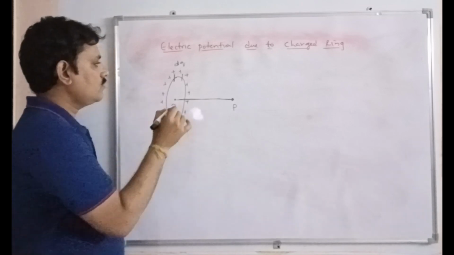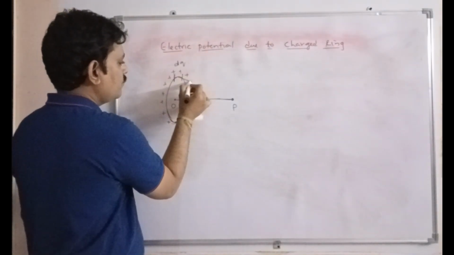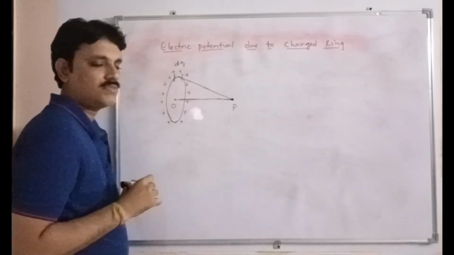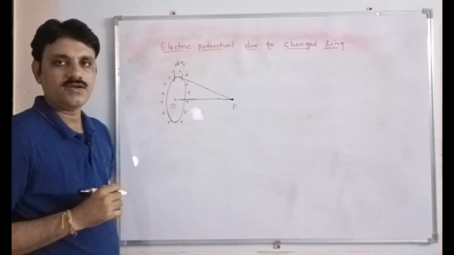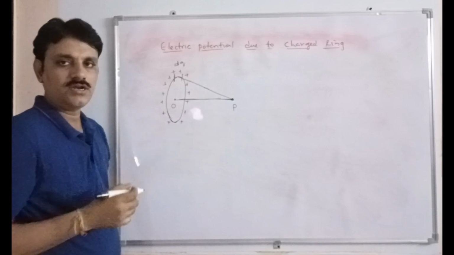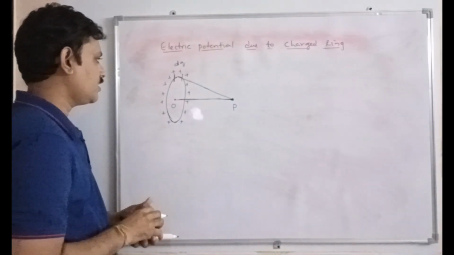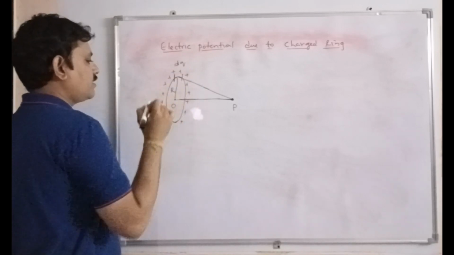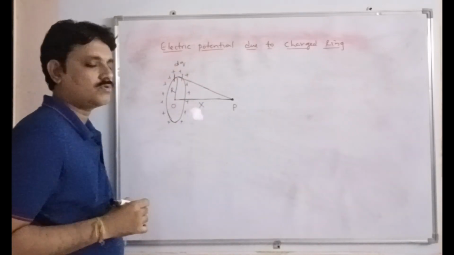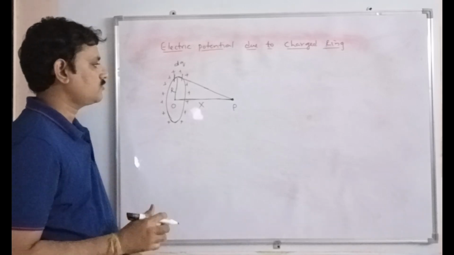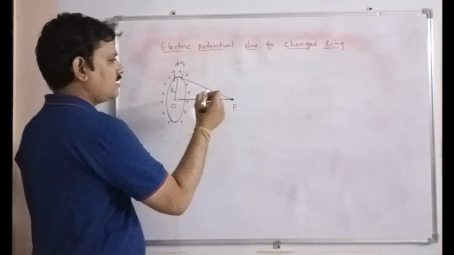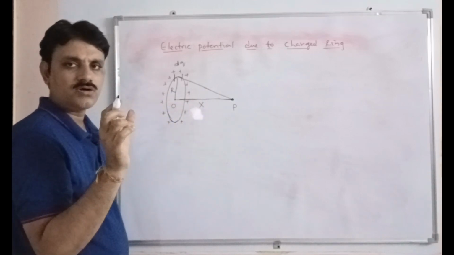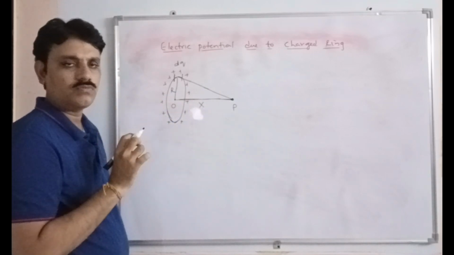With respect to the charge dq, the electric potential at point P, initially we calculate and then we integrate to the total charge. So this is the radius of the ring and the distance O to P, let us suppose, is x.